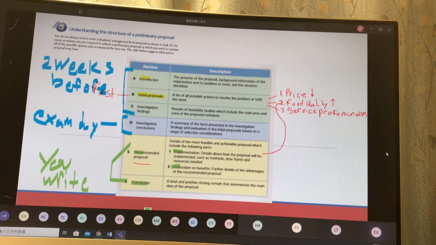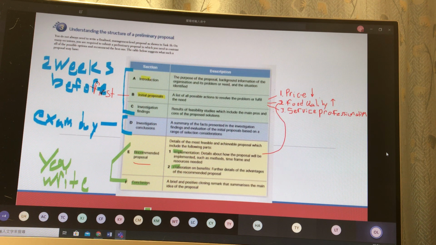So as of now, all I know is that I will just give you D on the exam day. So I will give you A, B, C 2 weeks before the exam. Then I will give you D on the exam day.